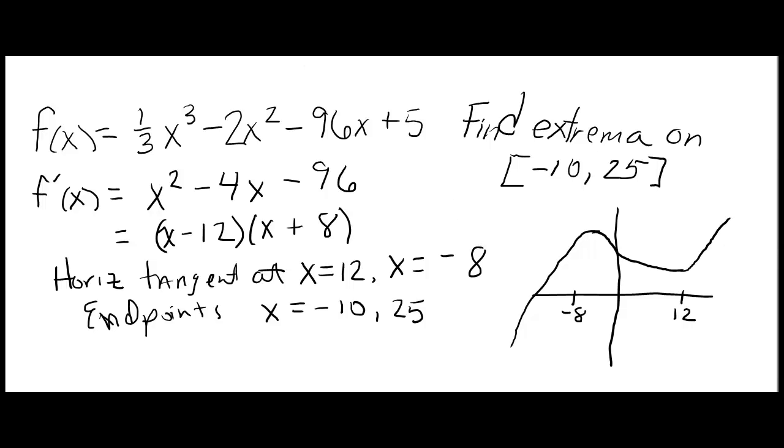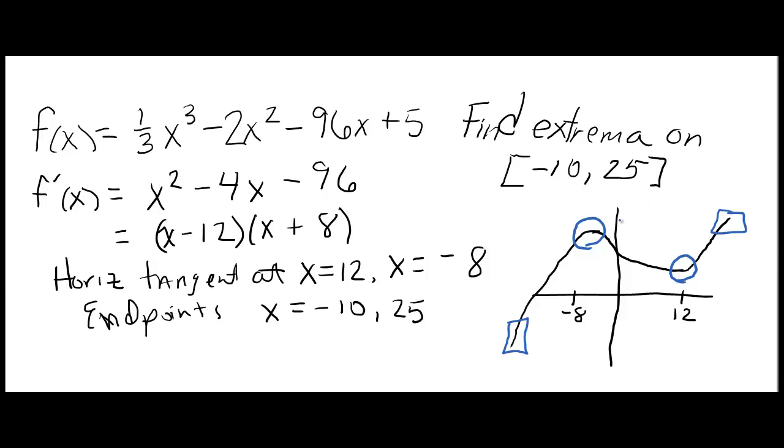Right away we can tell something about this. We can see that at -8 we have a local maximum. At 12 we have a minimum. At the right endpoint that's going to be a high spot, so that's a maximum. And at the left endpoint we have a minimum.